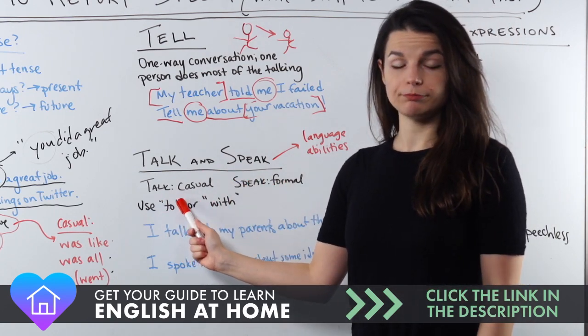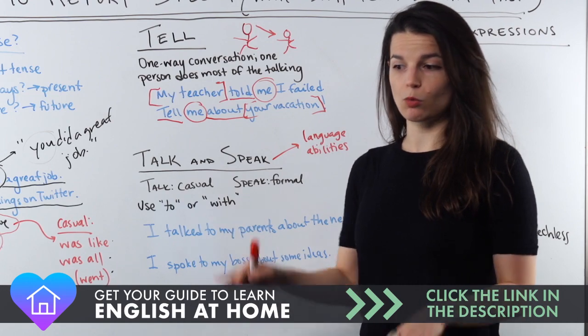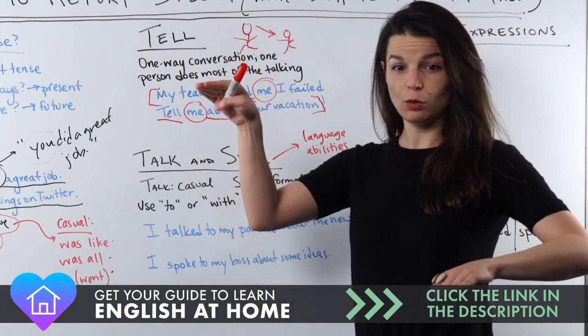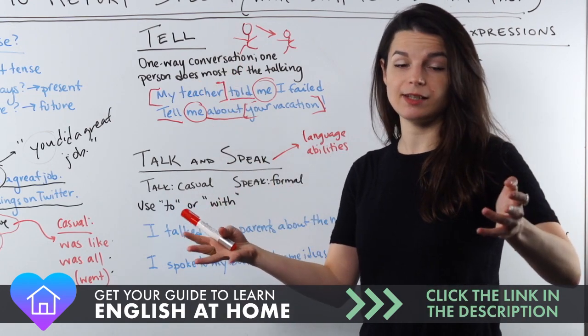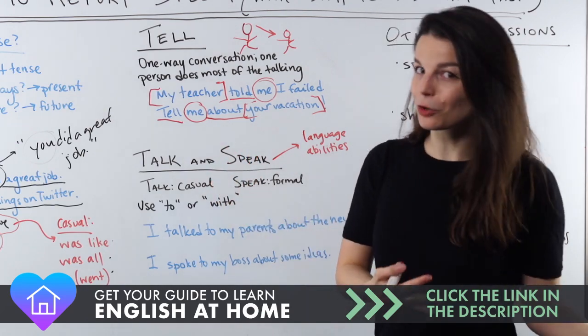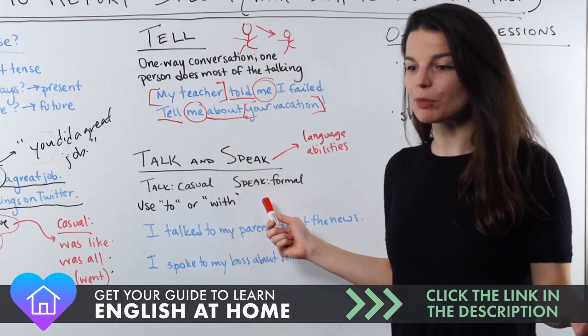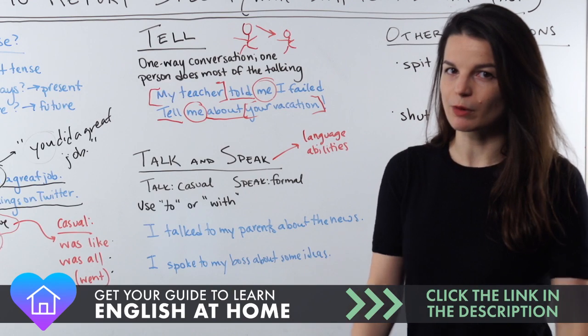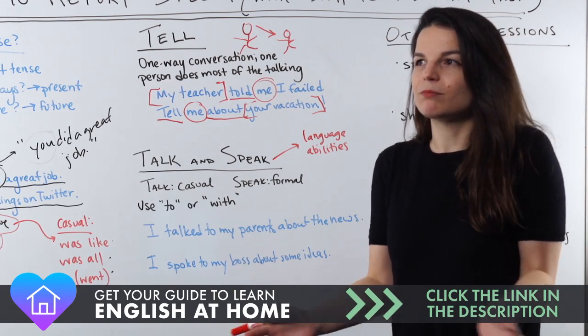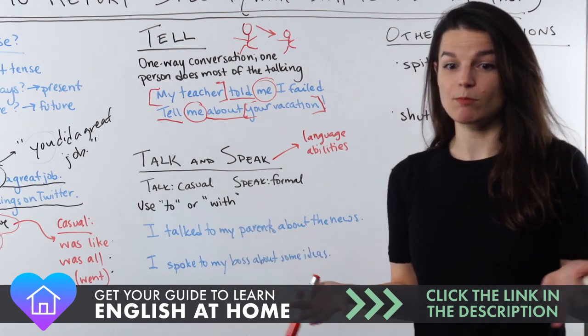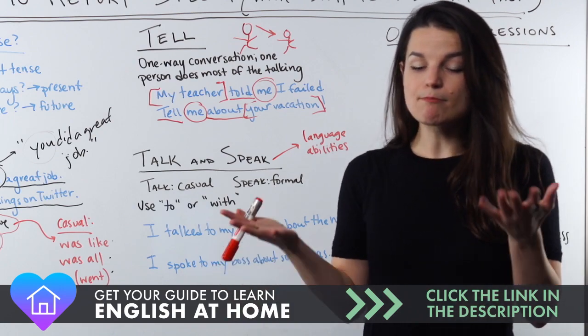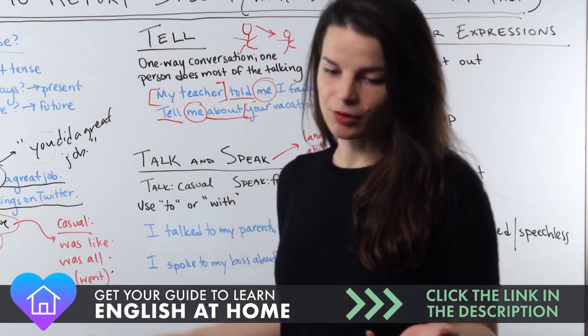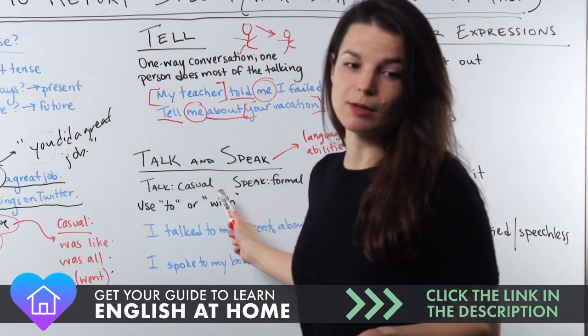Talk is casual, speak is formal. So when you're trying to decide which one to use, consider this. It's not incorrect to use speak for a casual situation. It's not going to cause a communication problem. It might sound a little bit unnatural. So please keep this in mind.